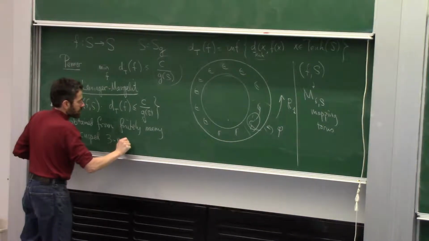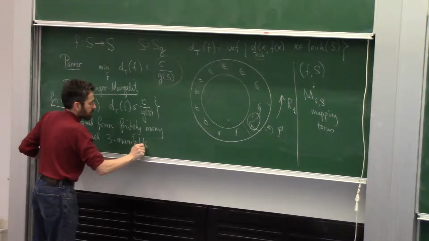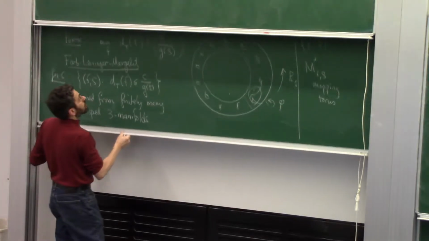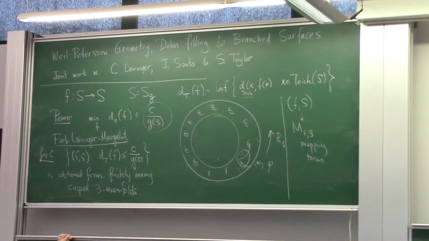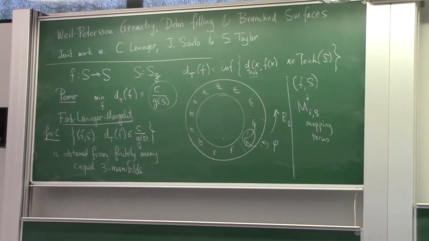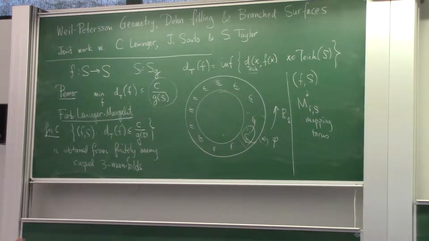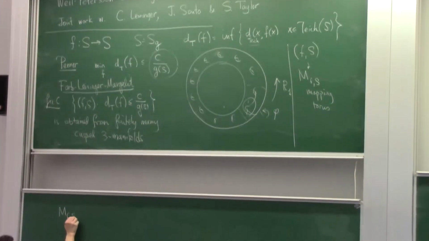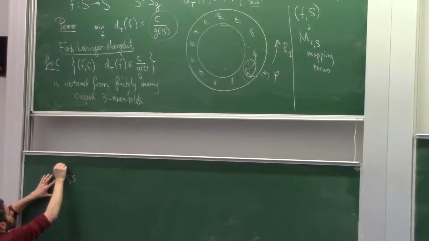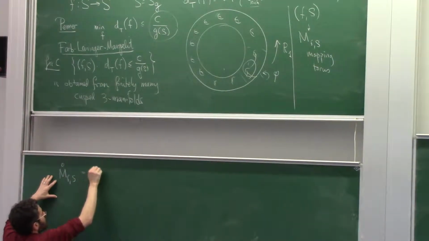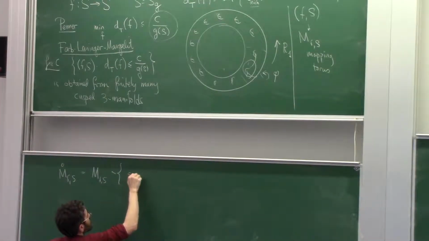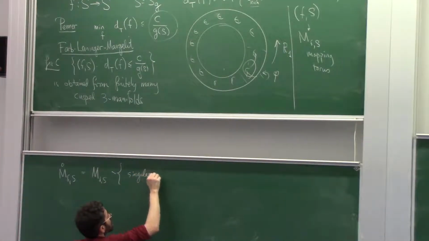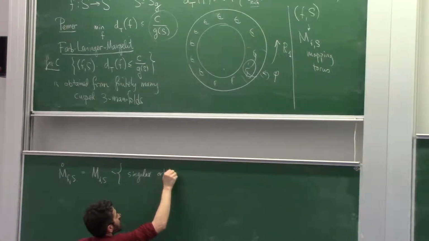So in the following sense. How do I get a 3-manifold? Which finitely many 3-manifolds do you get? You look at M_f, and then you puncture it. This is M_f minus the singular orbits of the pseudo-Anosov.